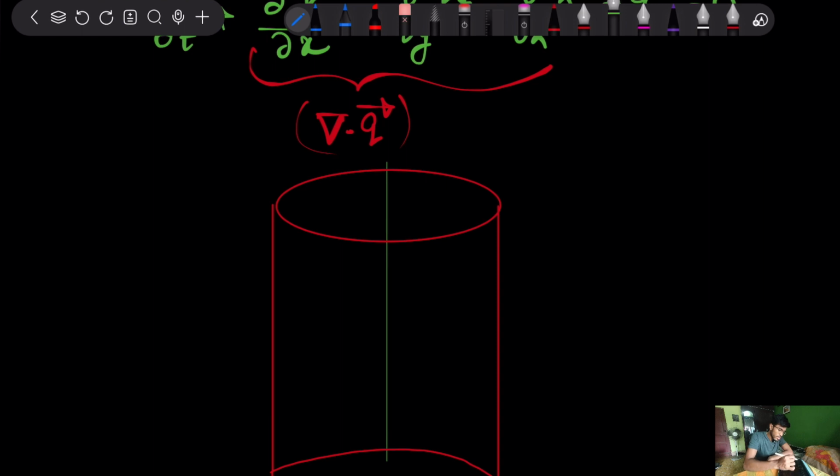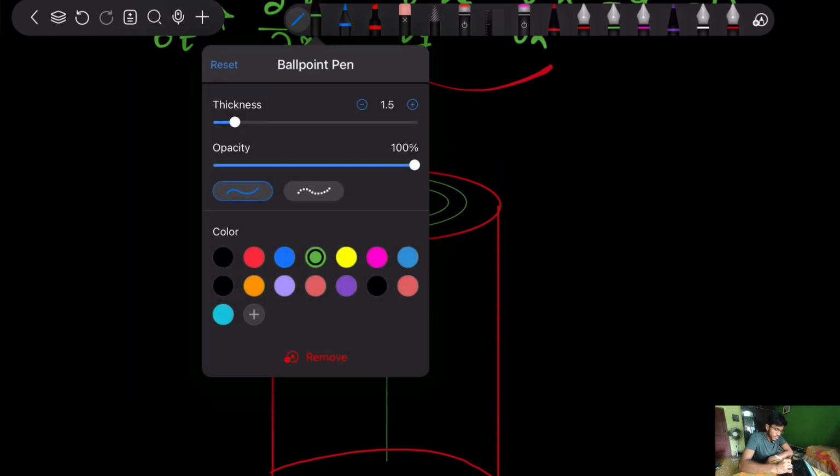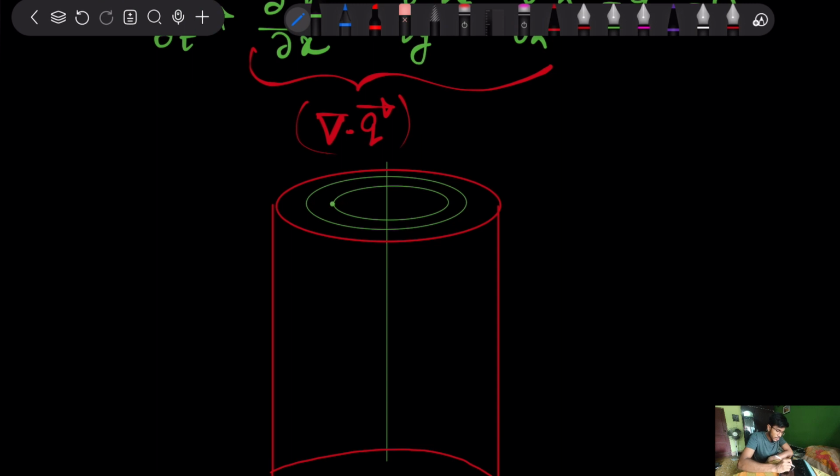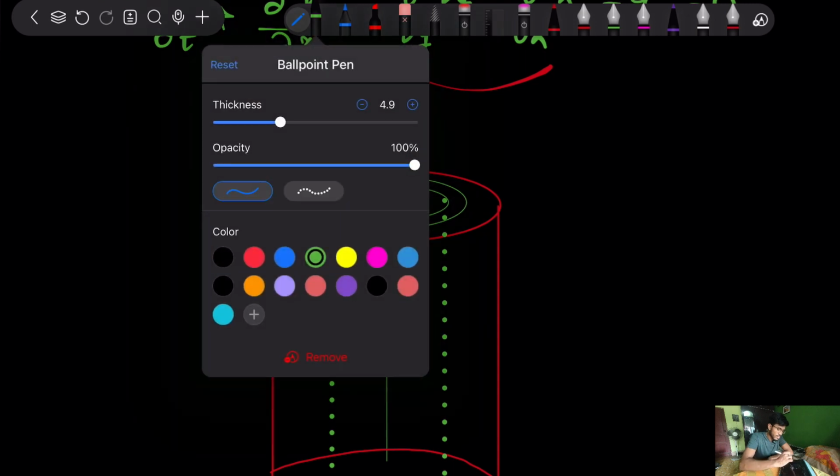Like this and this. And I can draw a dotted line for the inner surface, and for the outer surface I will draw a solid line.